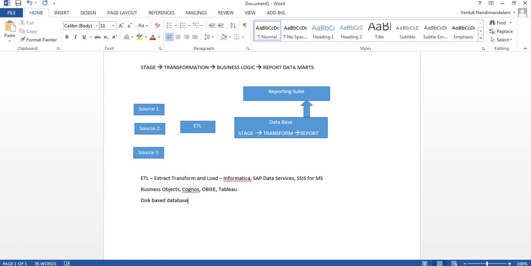Now your entire processing is going to happen in your laptop. All the processing will happen in your RAM.